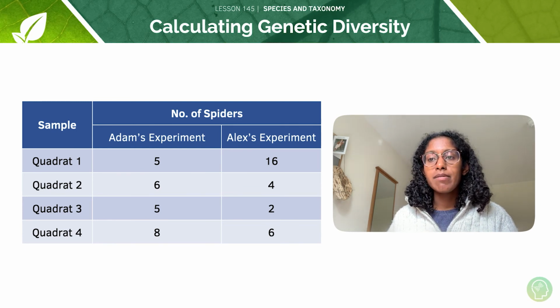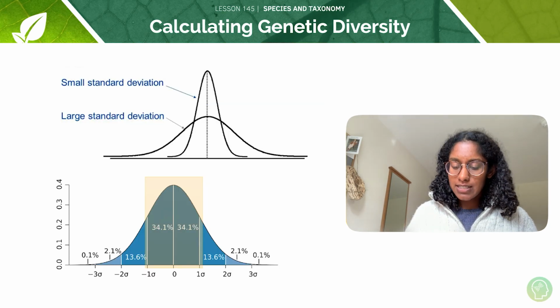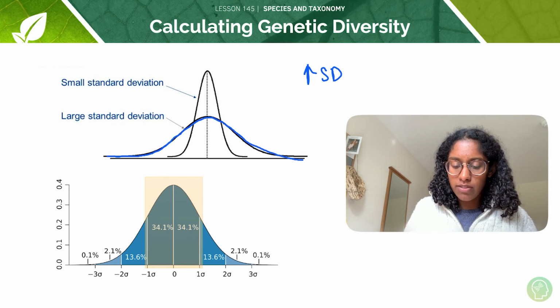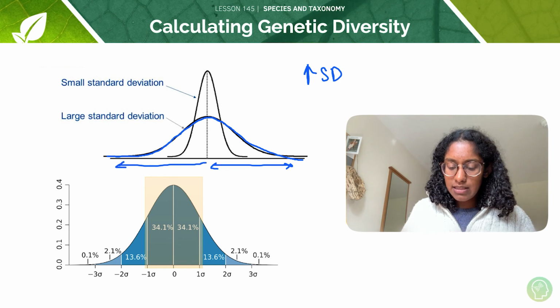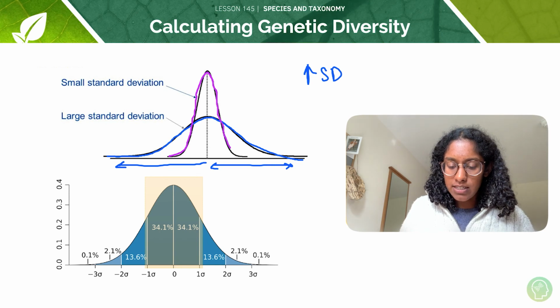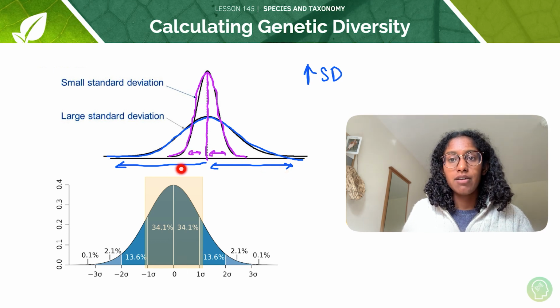In most cases, we compare the means of our samples to see how different they are. For example, this graph here is showing such a large standard deviation. We know that because look at that spread around the mean. Whereas this normal distribution curve shows a smaller standard deviation, because this is the mean, and look at that spread around the mean. It's much smaller than our other curve here.